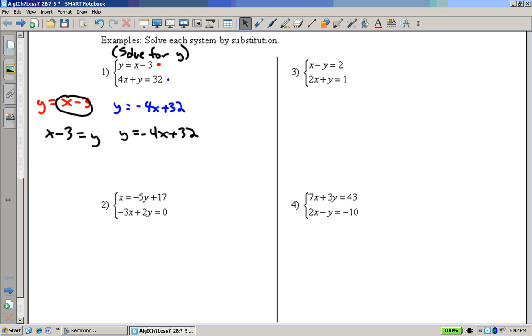So what we can do is sort of combine them together. X minus 3 equals negative 4x plus 32. And now we just solve for x. Let's see. First distribute. Nope. Then combine all of your like terms. Nope. Please remember key change or you'll get burned, which is completely optional. Then get all your variables onto the same side.